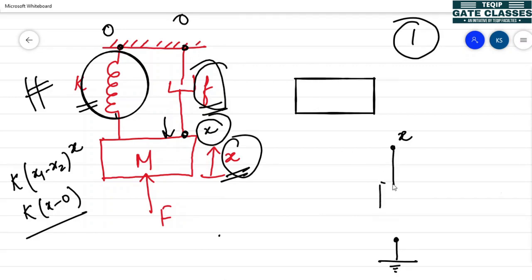Now always mark the elements connected between the principal node and the reference. So I am taking a mass block M and connecting it between the principal node and reference.